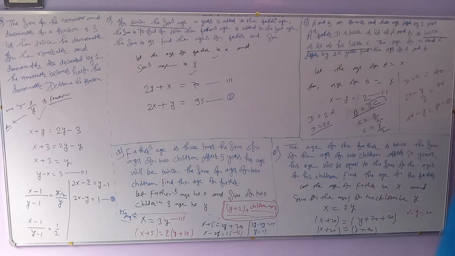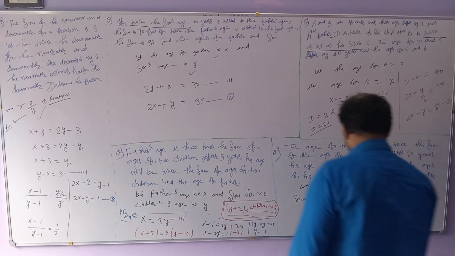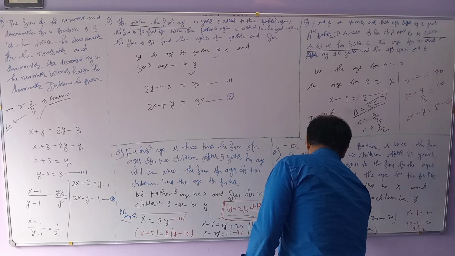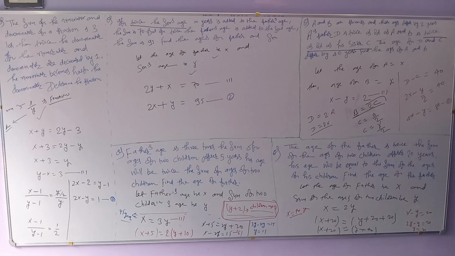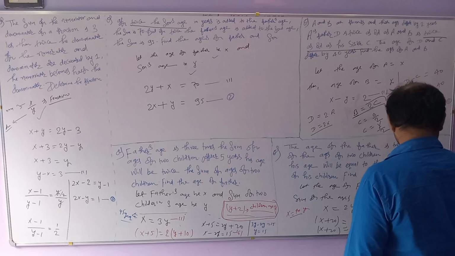When we put 2y minus y is equal to 20, that means y is equal to 20. And x becomes 40. When we substitute the value of y in x, we get 40.